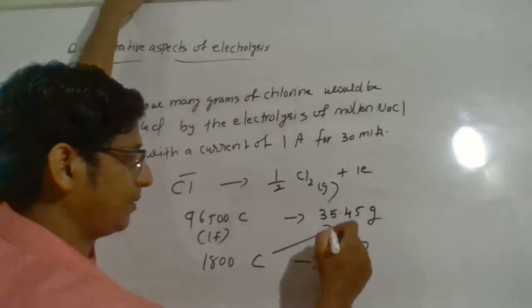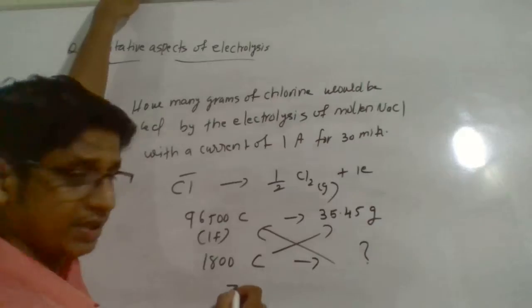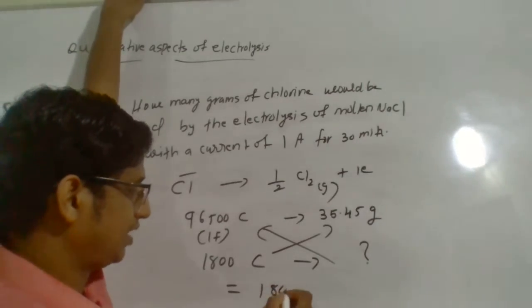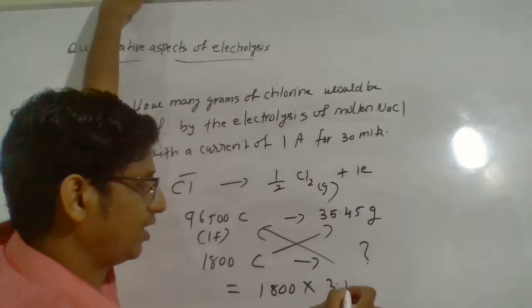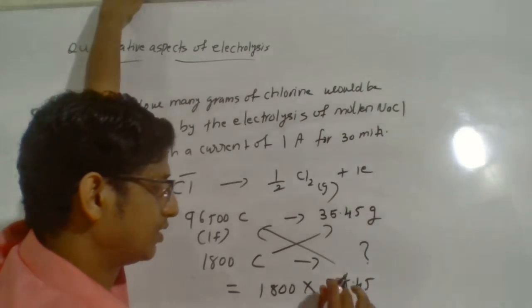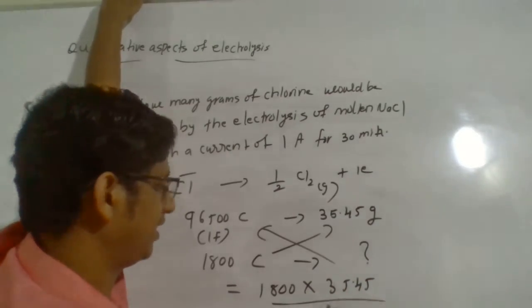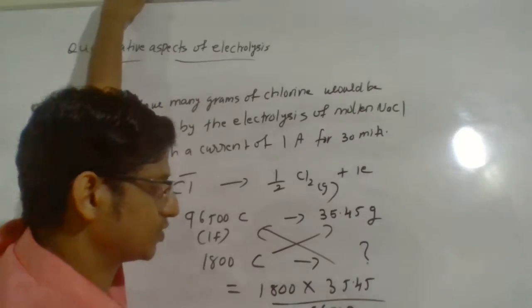Now just cross multiply it. So what are you going to get? 1800 into 35.45 divided by 96500 coulomb.